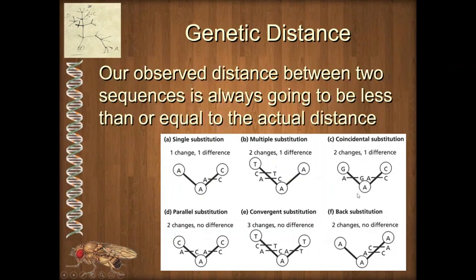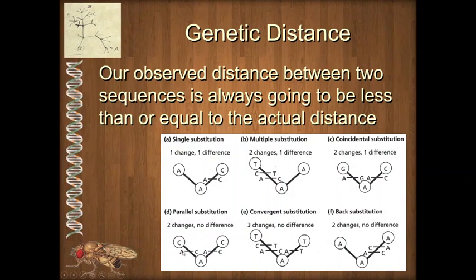Now realize these ancestral species, we don't know for sure what that ancestral species is. We can't go back in time and sequence the DNA of an ancestor 1 million years ago or 1,000 years ago or any time. Those guys are gone. All we have are the descendant species.